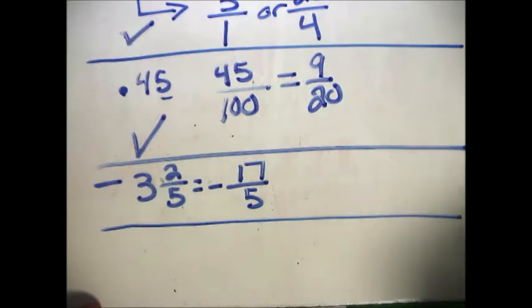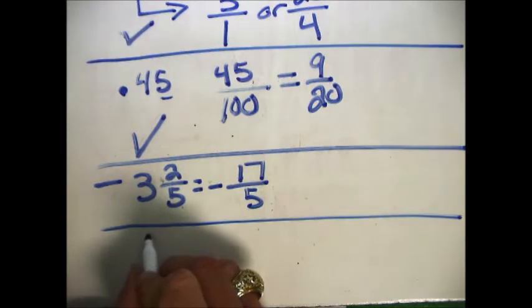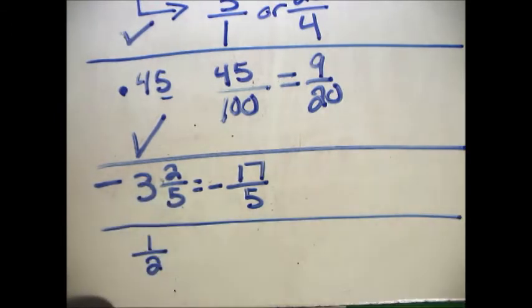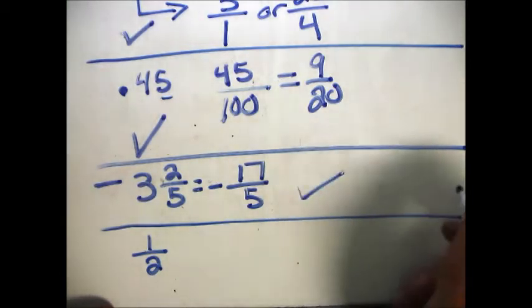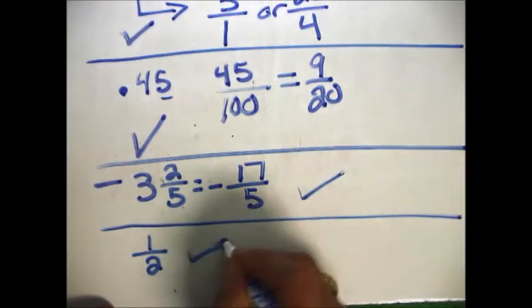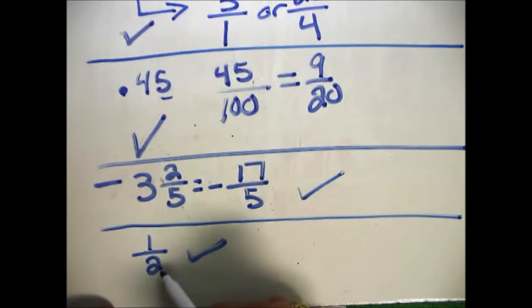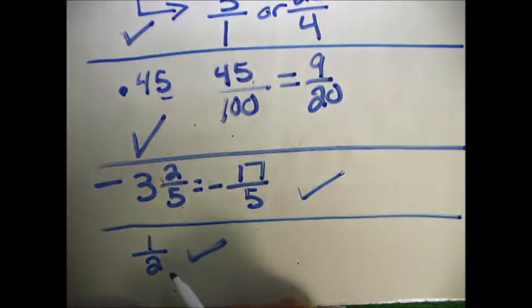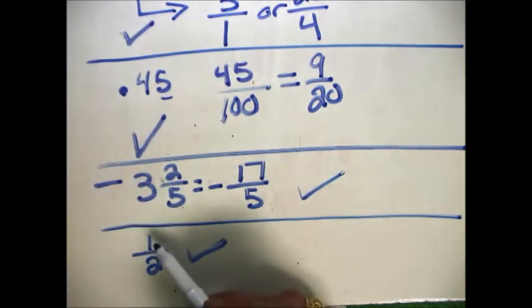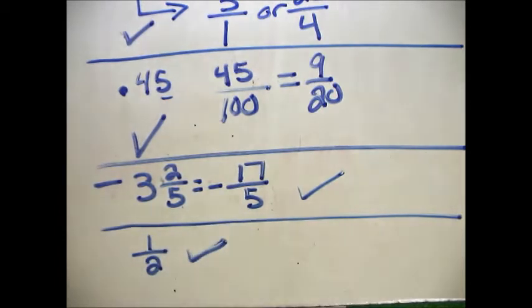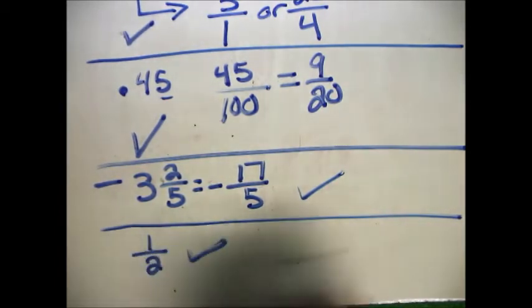Let's do another example. How about good old 1/2? This is also a rational number because there is not a 0 in the denominator, and when you do divide, according to special rule number 2, it ends.